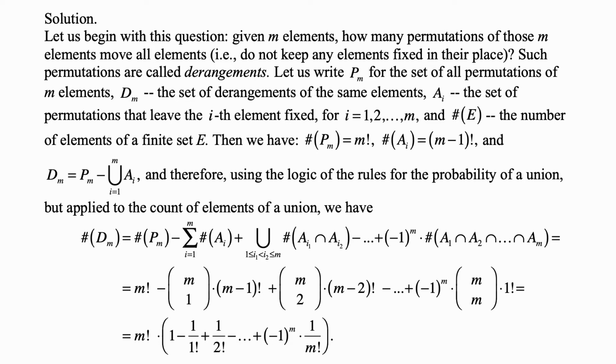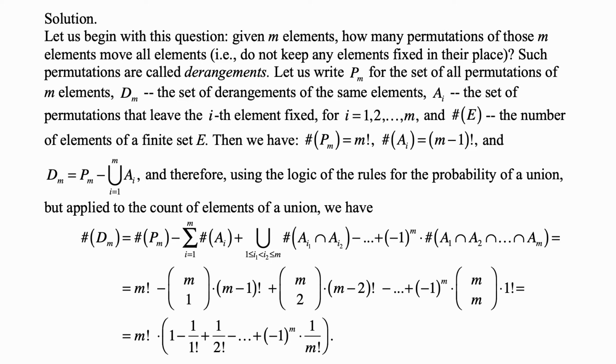And then Dm is equal to Pm minus the union from i equal 1 to m of Ai. And therefore, using the logic of the rules for the probability of a union, but applied to the count of elements of a union, we have that the number of Dm, so the number of derangements, is the number of Pm minus the union, and that's the sum from i equal 1 to m of the number of Ai.